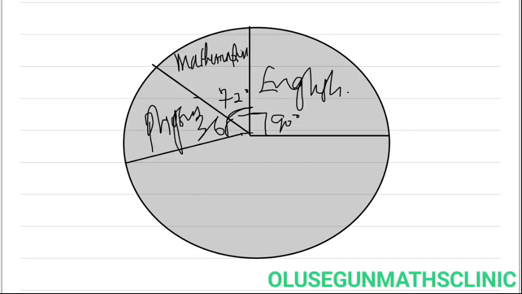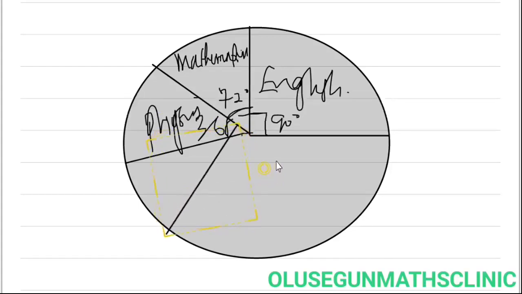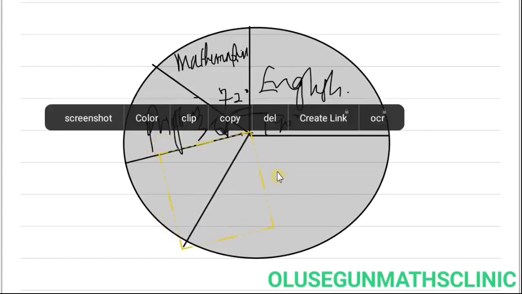French is 54 degrees. So let me try to expand it a little bit. So 54 will be around like this.